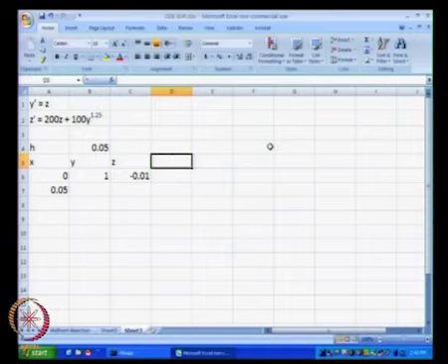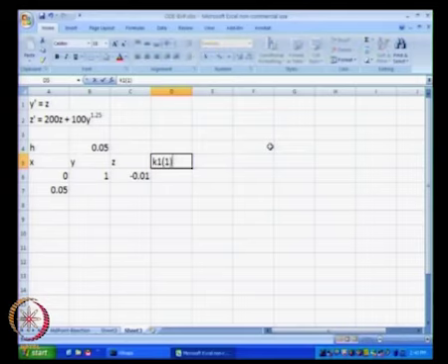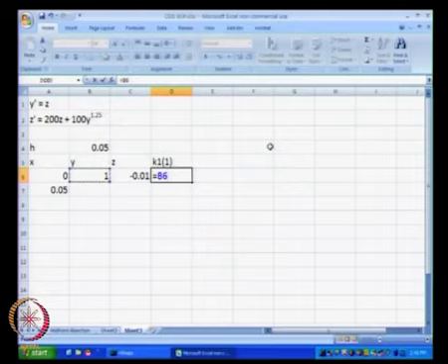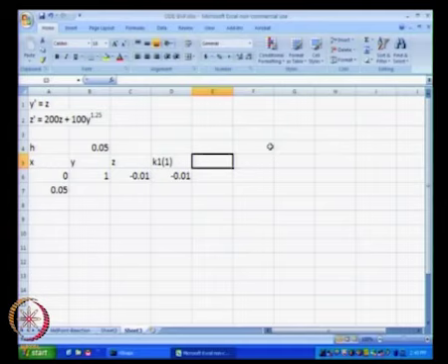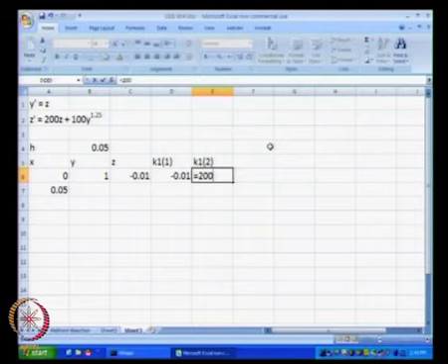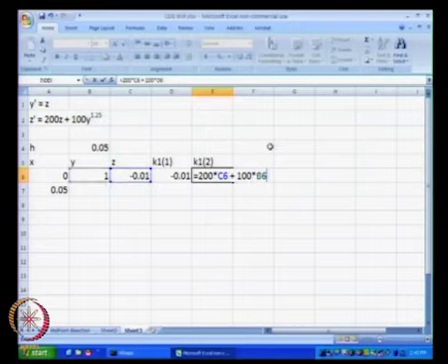And now y dash is equal to z, so we will have k11 is going to be equal to just z, k12 is going to be equal to 200 multiplied by z plus 100 multiplied by y to the power 1.25.